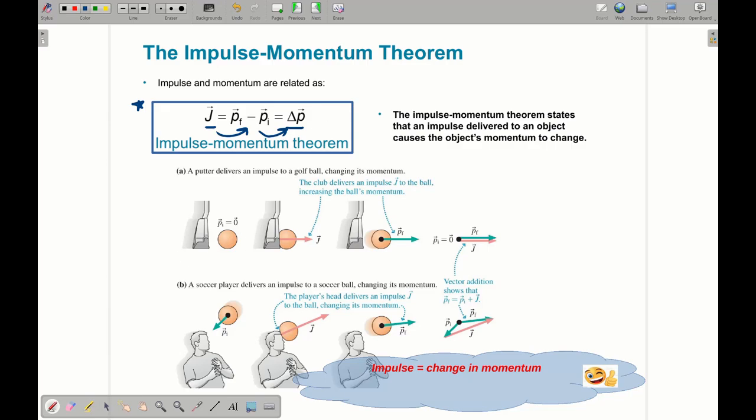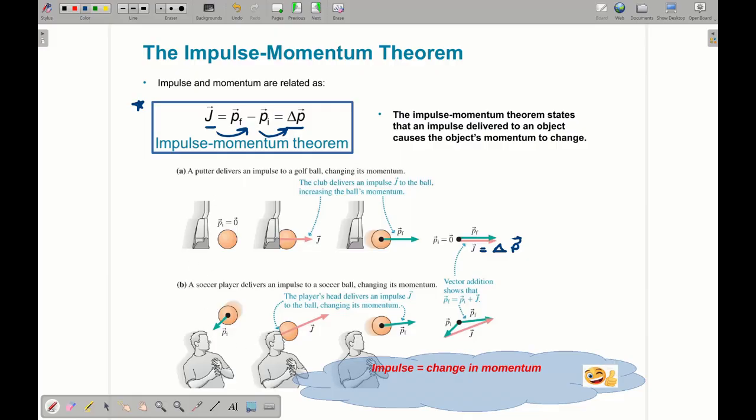For example, here a putter delivers an impulse to a golf ball. Initially zero momentum, it gives a momentum. An applied impulse as a vector equals the change in momentum. Here, the change in momentum is the same as the final momentum because the initial momentum was zero.